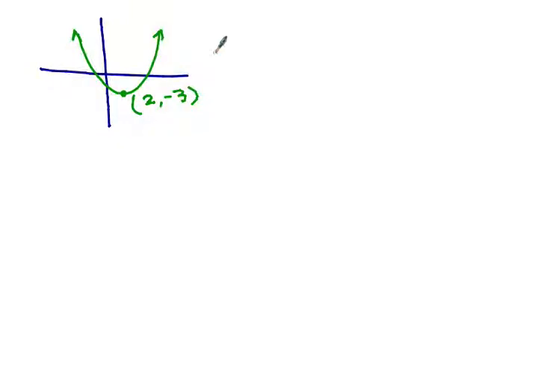You'd be like, oh, well that is y equals, my parent function is x squared, so I'm going to shift it right 2, and down 3. And so I'd be like, all right, sweet, there's the equation of that graph with vertical shifts.